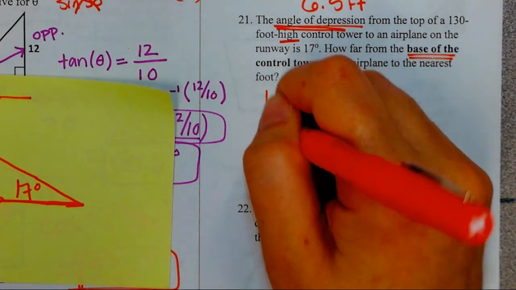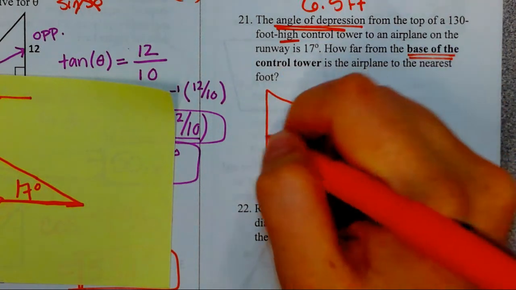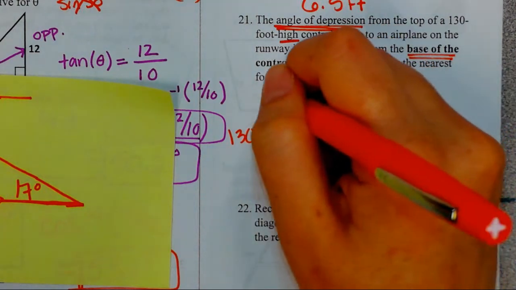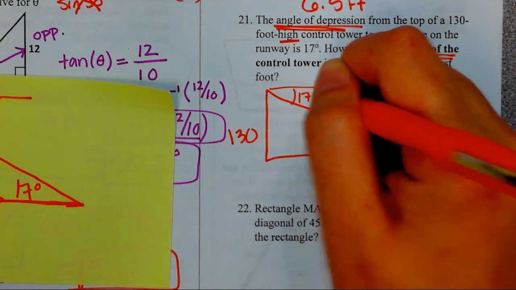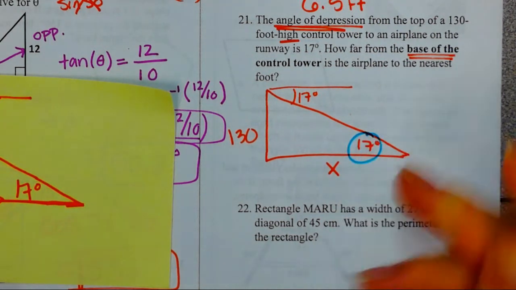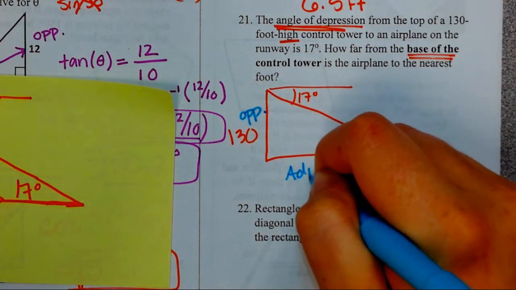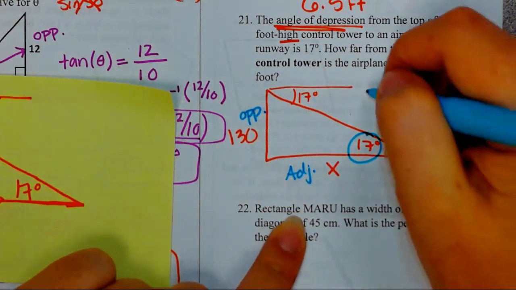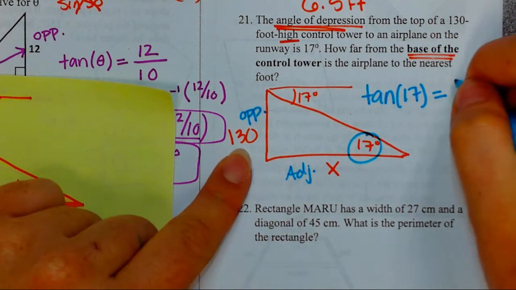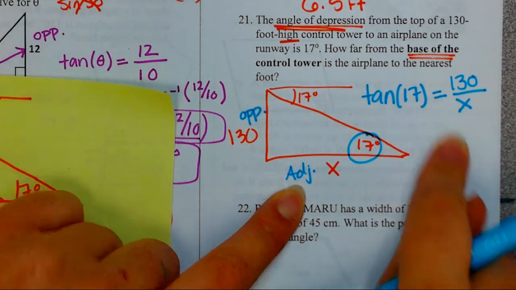All right, so here's our picture. Okay. This is our 17-degree angle. This is 130 feet. This is x. Okay. This would also be 17. Okay. All right. So we're going to use this angle for SOHCAHTOA. This is our opposite side. This is our adjacent side. Opposite and adjacent go with tangent. So tangent of 17 is equal to the opposite, which is 130, over the adjacent, which is x.